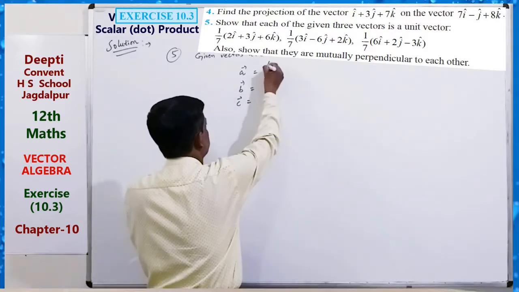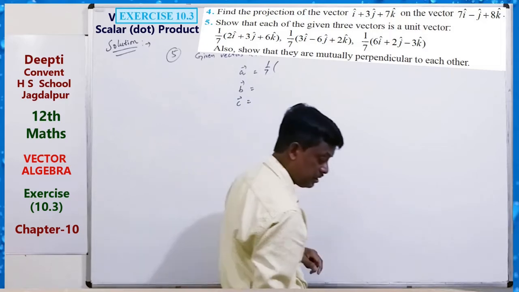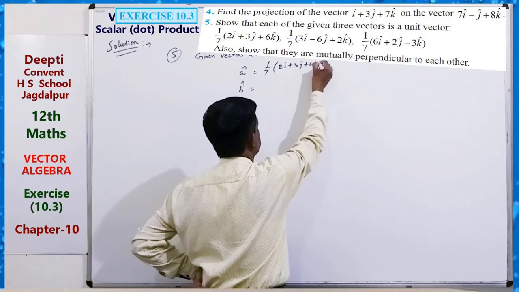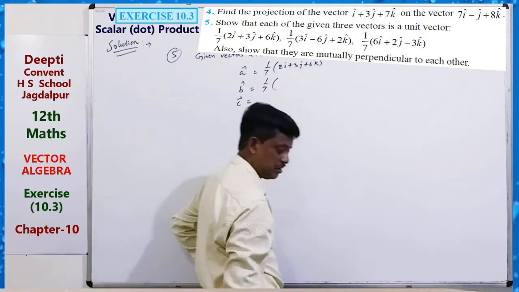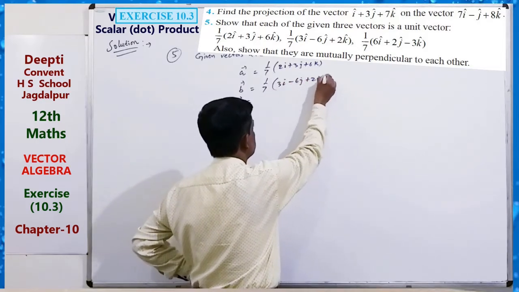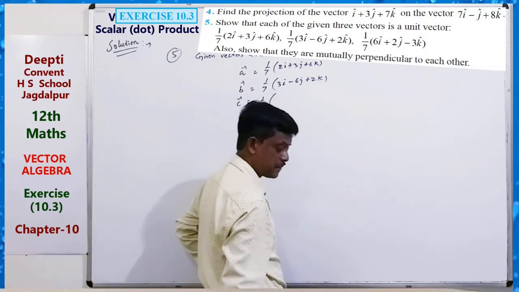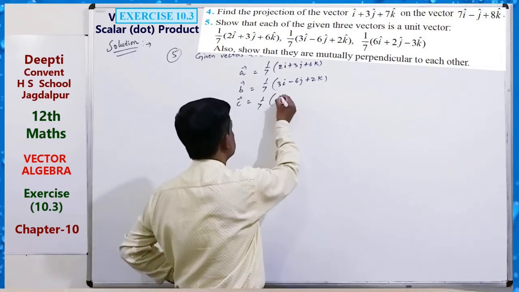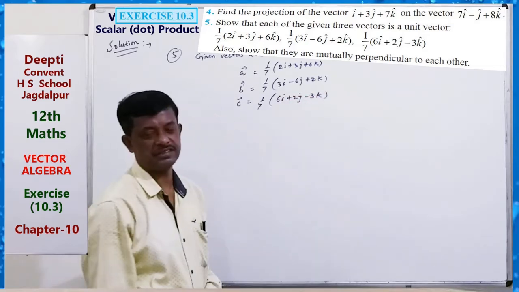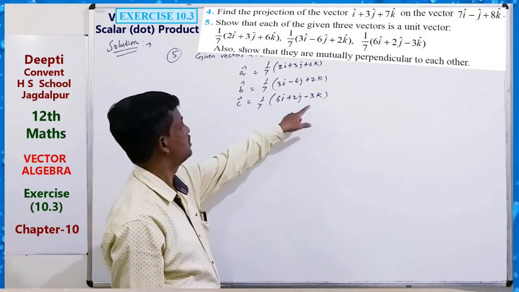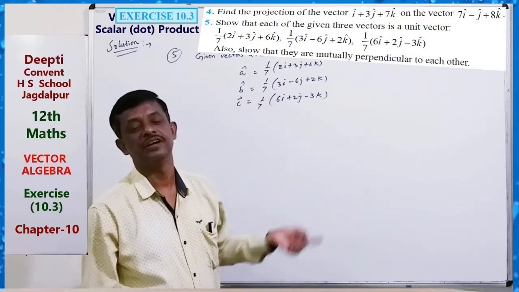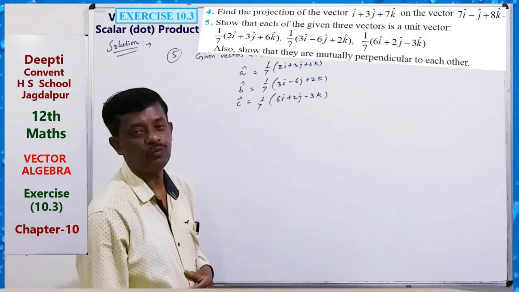A equals 1 by 7 times 2i plus 3j plus 6k, B equals 1 by 7 times 3i minus 6j plus 2k, and C equals 1 by 7 times 6i plus 2j minus 3k. These are the given vectors. Here 6, 2, 3 are all present, with 1 by 7 in each. We just have to prove that their moduli are equal to 1.